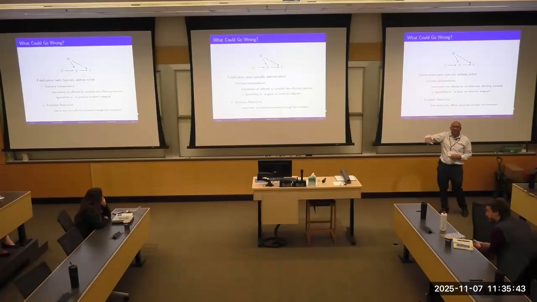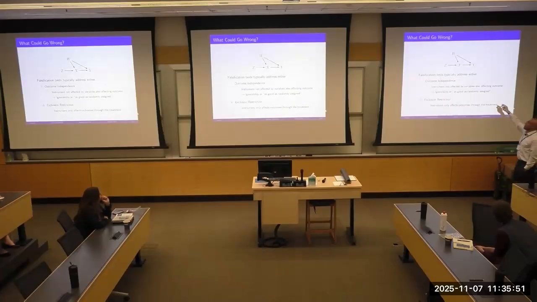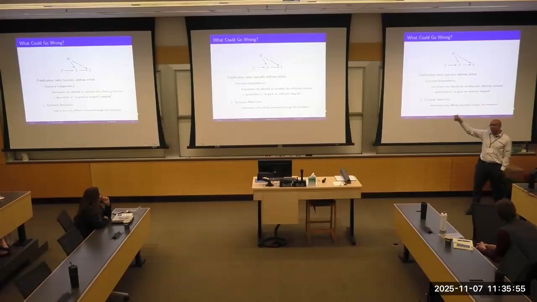Again, I'll be more precise about this in a moment, but that's the general idea. We need these two things for it to be the case that the only way that Z is impacting Y is simply through the treatment X.